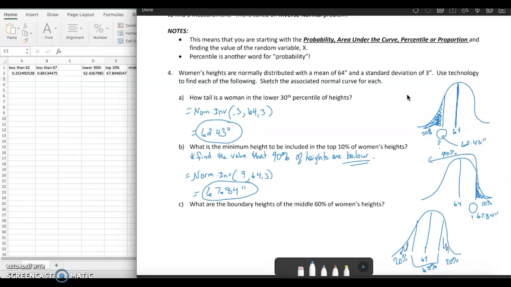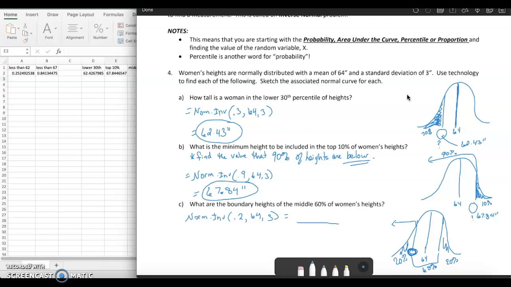I could figure out the value where 20% are below by doing a norm.inv of 0.2, 64 and 3, and that would tell me this first value here. But how am I going to type in this other one?